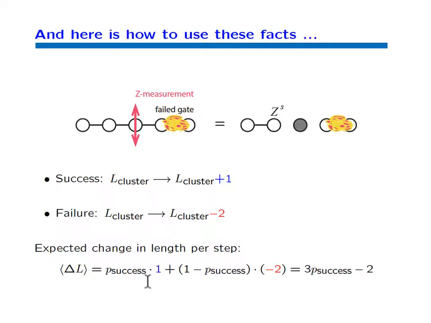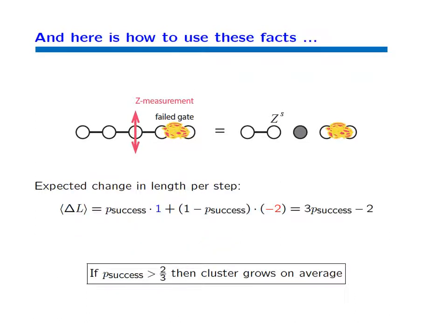If we succeed, we increase the length by 1. If we fail, we reduce the length by 2. That works out to this expression: the expected change is 3 times the success probability minus 2. And so, if the success probability is larger than 2/3, then the cluster grows on average, and we are fine.